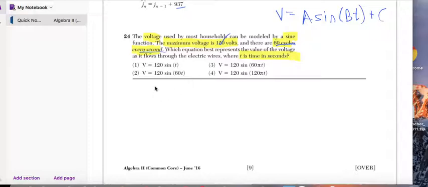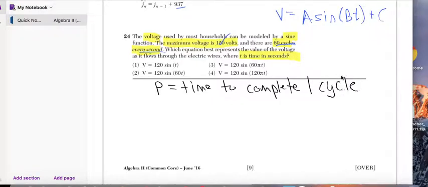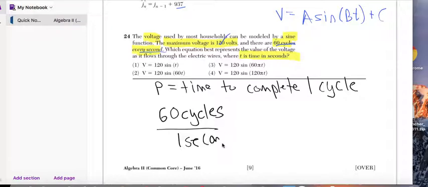The period is the amount of time needed to complete one cycle. So I'm going to go over this two ways, all right? If there are 60 cycles in 1 second, then how long is one cycle?